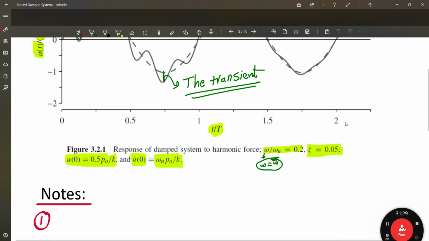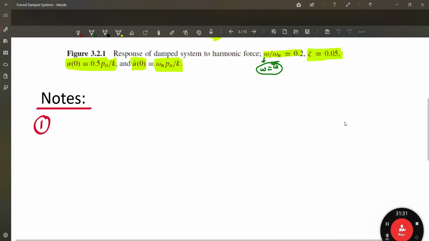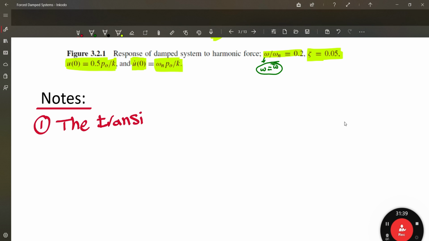So this is something that we need to put as a note. We can say that the transient response, as you know, is the difference between the total response and the steady state response on the graph.